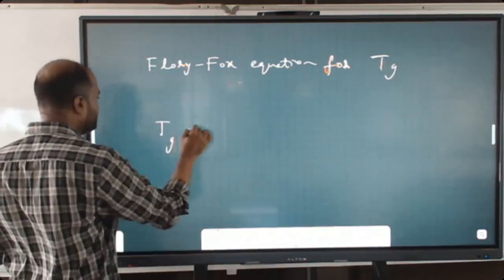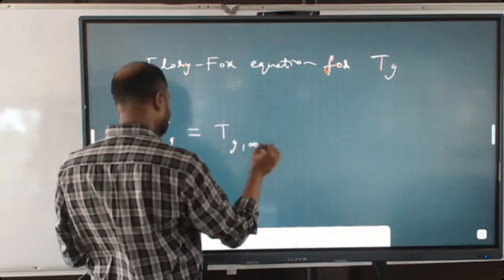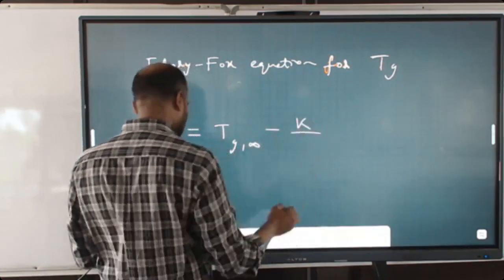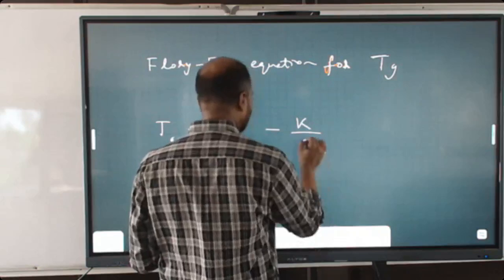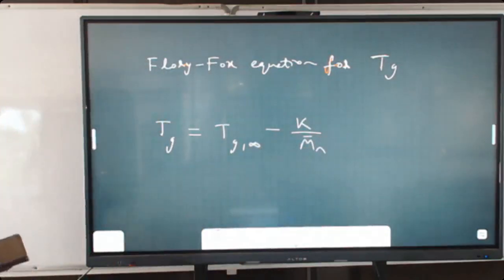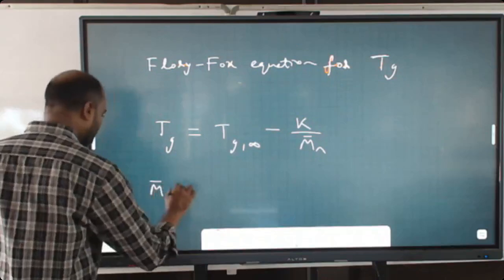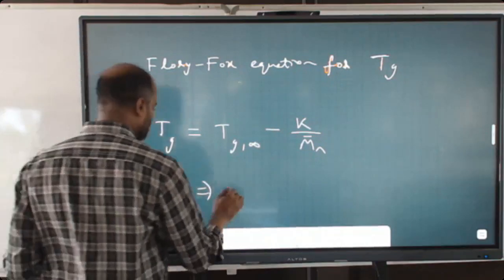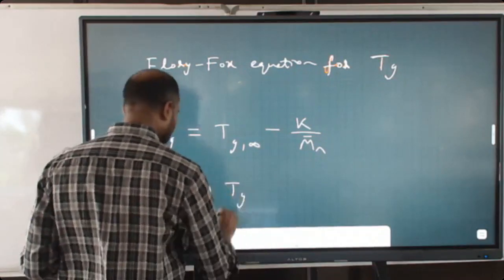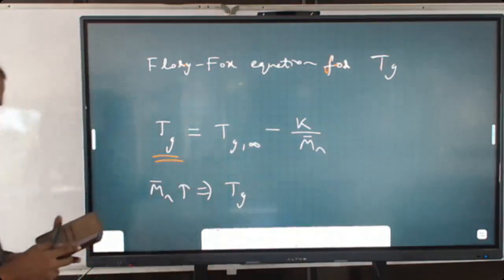That is Tg equals Tg infinity minus K divided by Mn. Mn is the number average molar mass. From this equation, if number average molar mass increases, then what happens to Tg? Tg is the glass transition temperature.